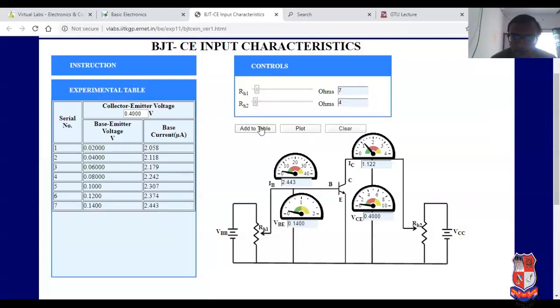See this different value we can get of base current. See this 2.4514. Current is linearly changed. Now if you increase the value 0.22, 2.739.